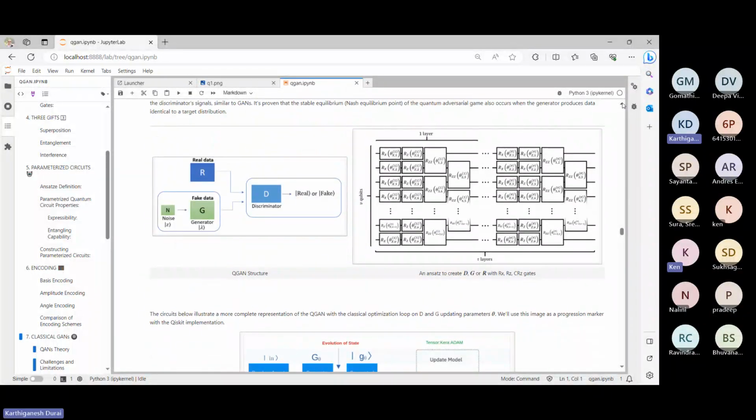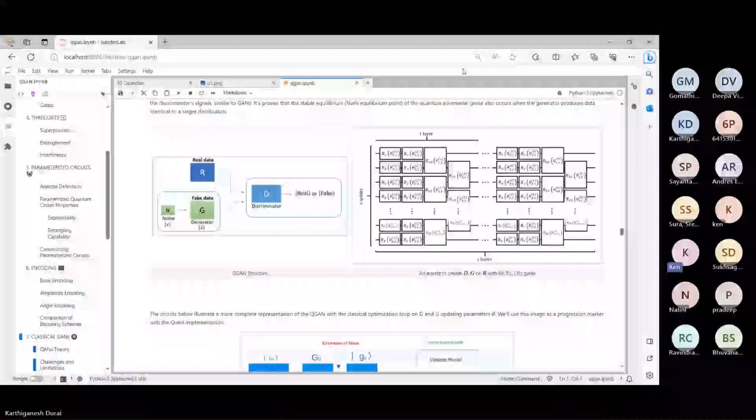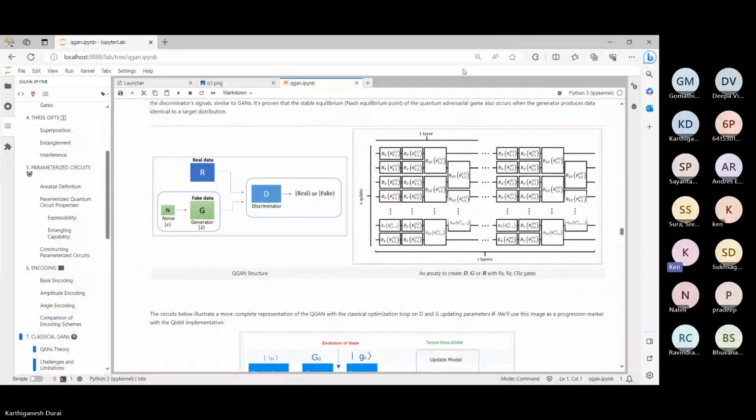Perfect. We could see that the forms are pretty similar to the classical sense, but we're dealing with state vectors. Our real data is a state vector that we will encode. Our noise is a state vector that we will encode. The fake data is also a state vector, lambda here.